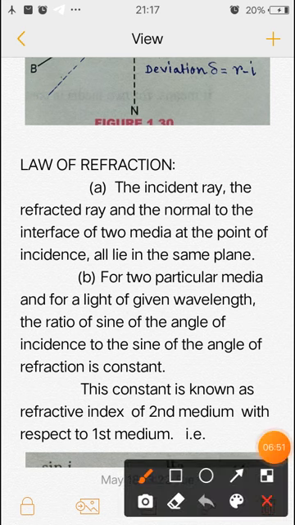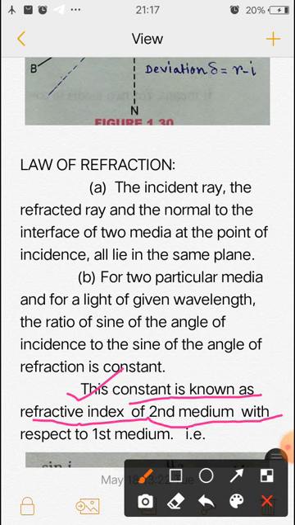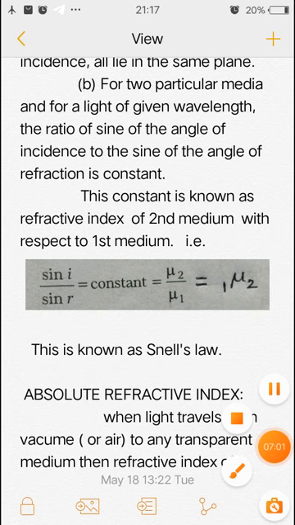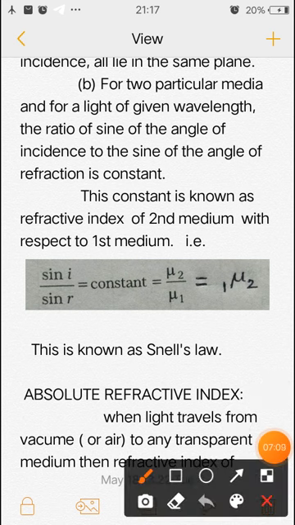This constant is known as the refractive index of the second medium with respect to the first medium. So we can write it in this manner: sine i, the sine of this angle, and sine r. These two ratios always remain constant.